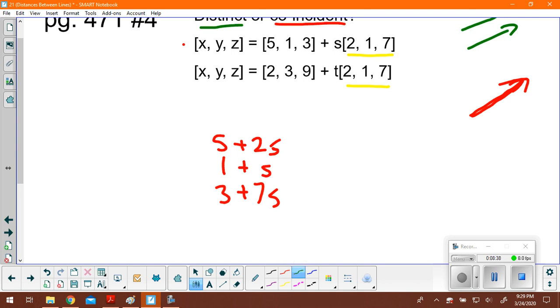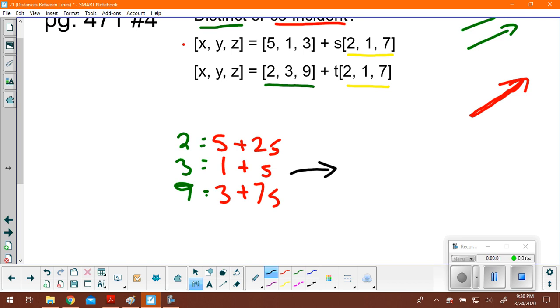Okay, so if this point is on that line, then that means 2 is equal to 5 plus 2s, 3 is equal to 1 plus s, and 9 is equal to 3 plus 7s, right? That should work. So I start solving each thing for s.